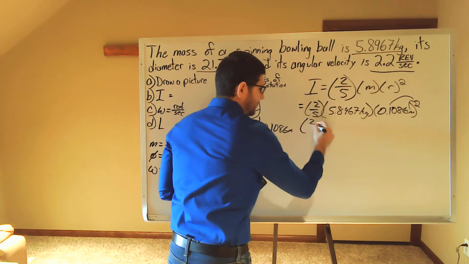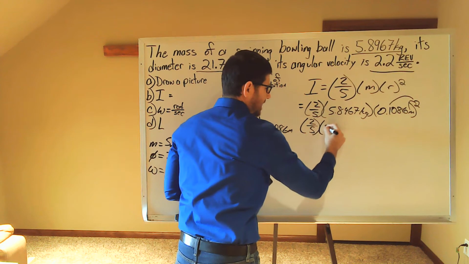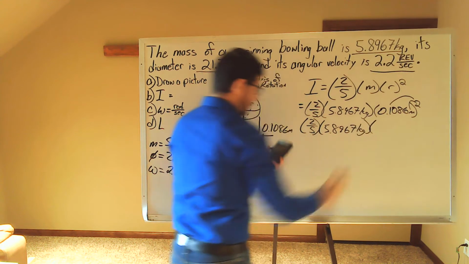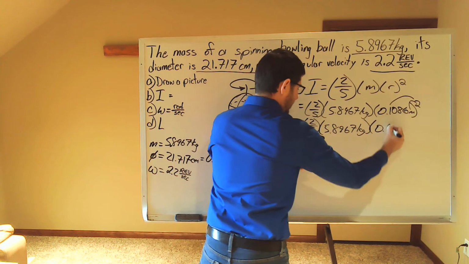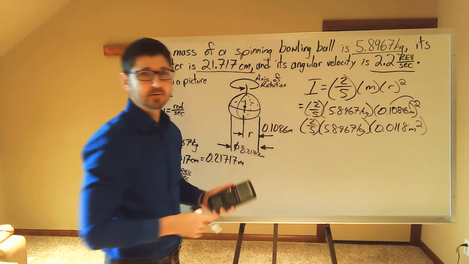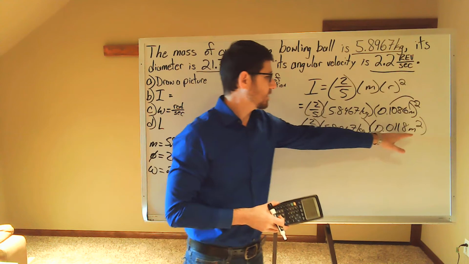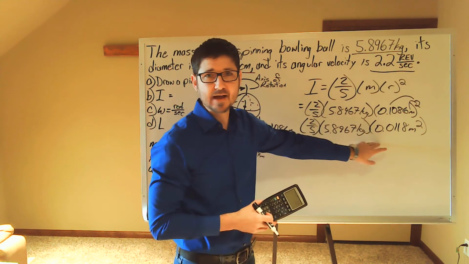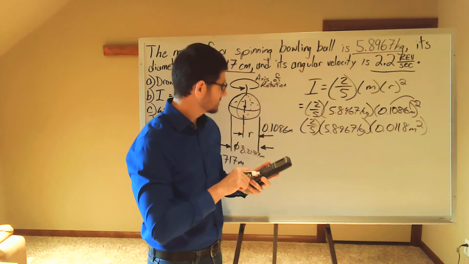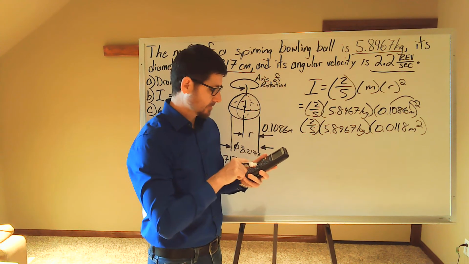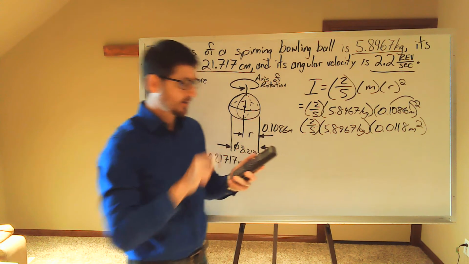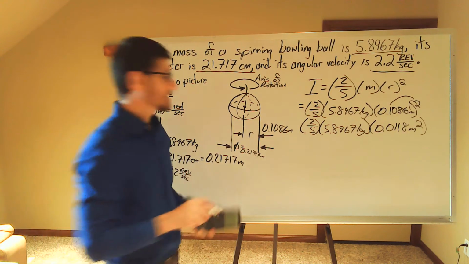I'm just going to rewrite this. I've got 2/5 times 5.8967 kilograms multiplied by 0.0118 meters squared. I'm going to take the product of these two values and multiply it by 2/5, and I get 0.0278.